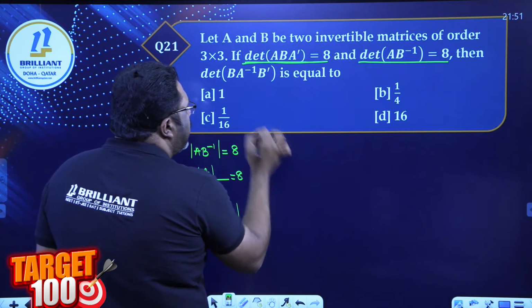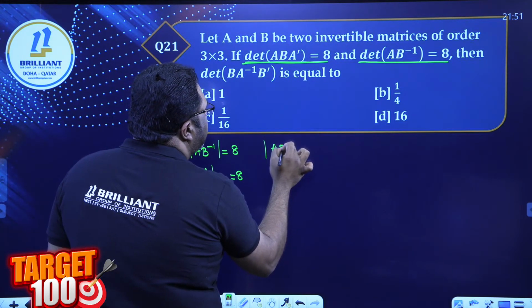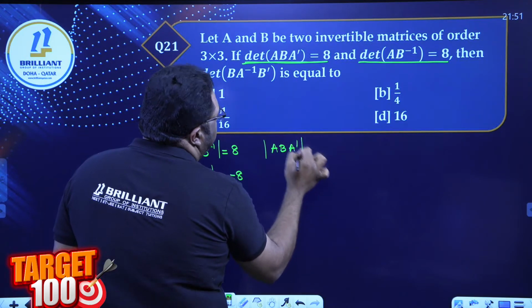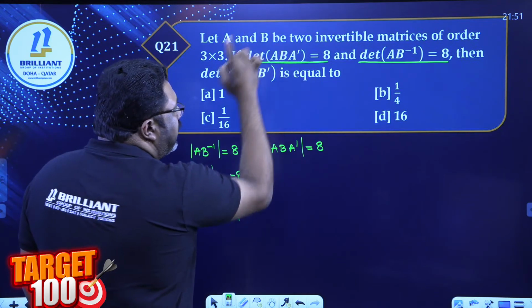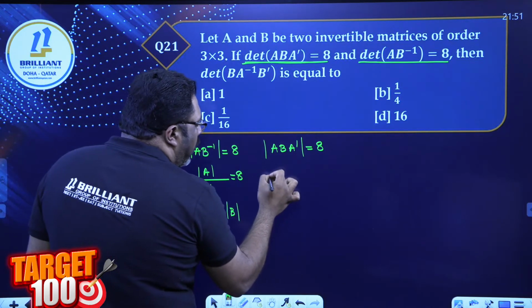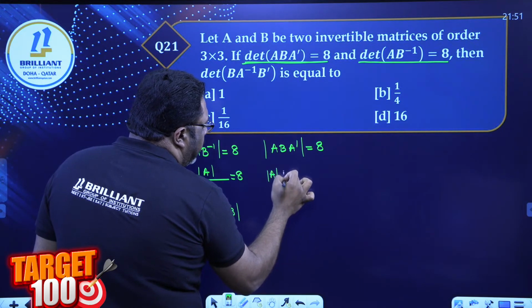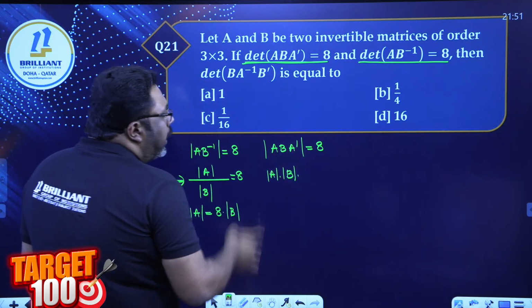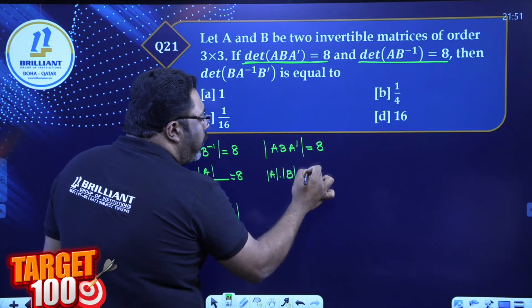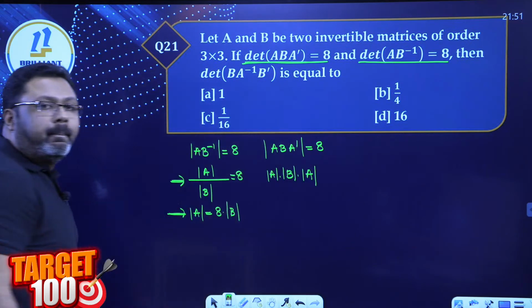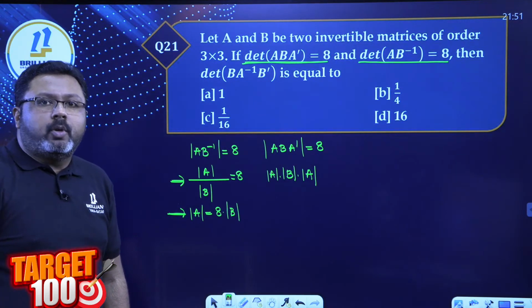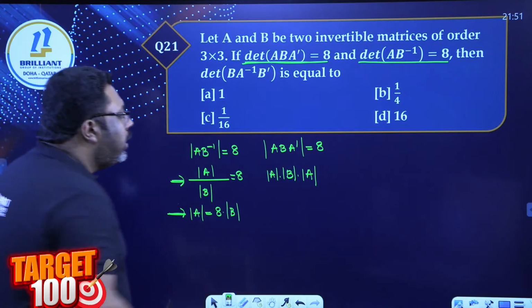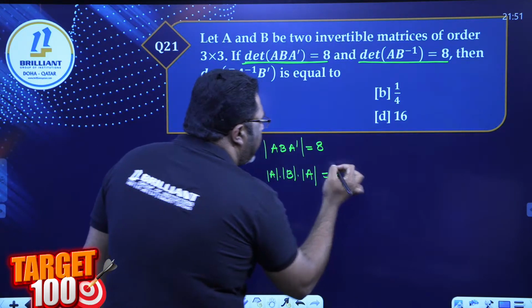First one says determinant of A, B, A transpose is equal to 8. It's not A inverse, it's A transpose, remember. So it's going to be determinant A into determinant B into determinant A transpose, which is same as determinant A. Property number 1 says determinant of A transpose is same as determinant A. That is also equal to 8.